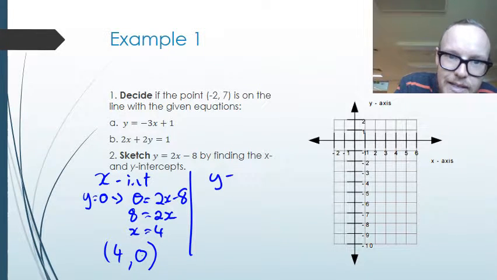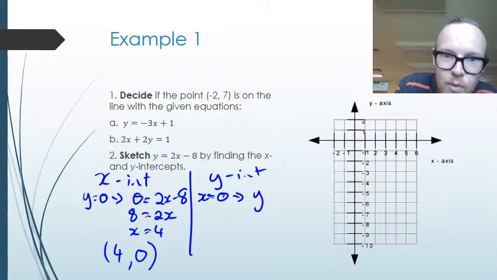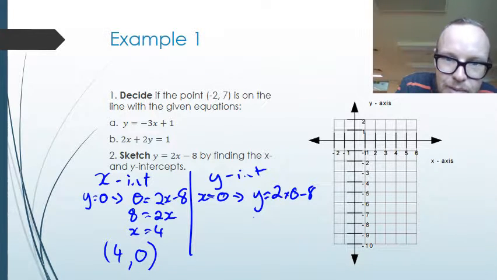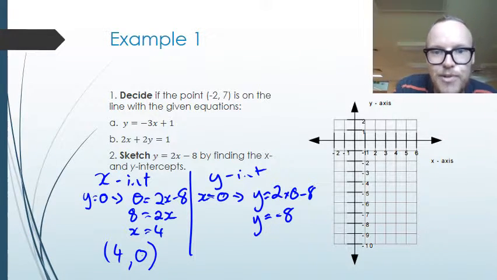For our y-intercept, we know x equals 0, and so substituting that into our equation, we'll get y equals 2 times 0 minus 8. So we're going to end up with y equals -8, because 2 times 0 is 0.